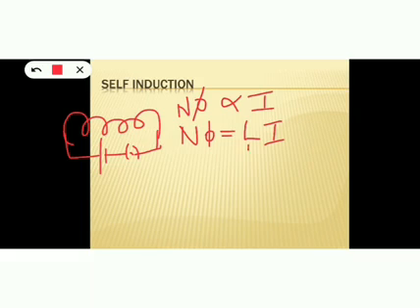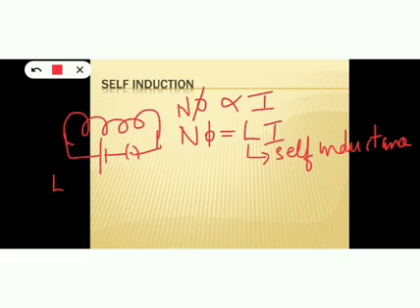This constant L is known as self-inductance. It's a very important term. So the constant L is self-inductance. And how will you define self-inductance? From this expression, what is L?